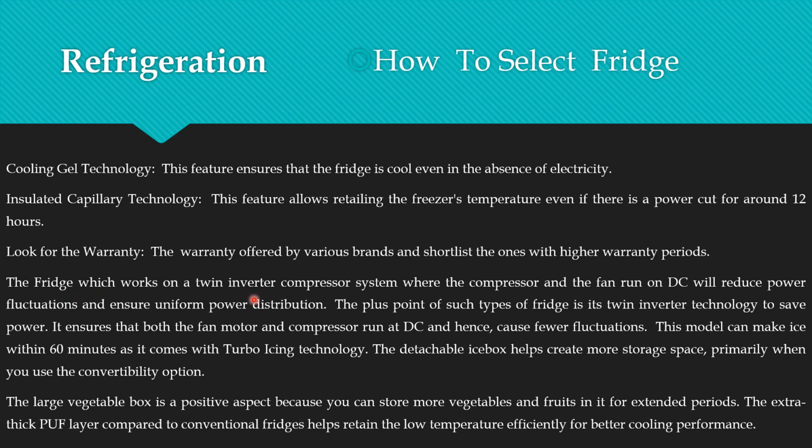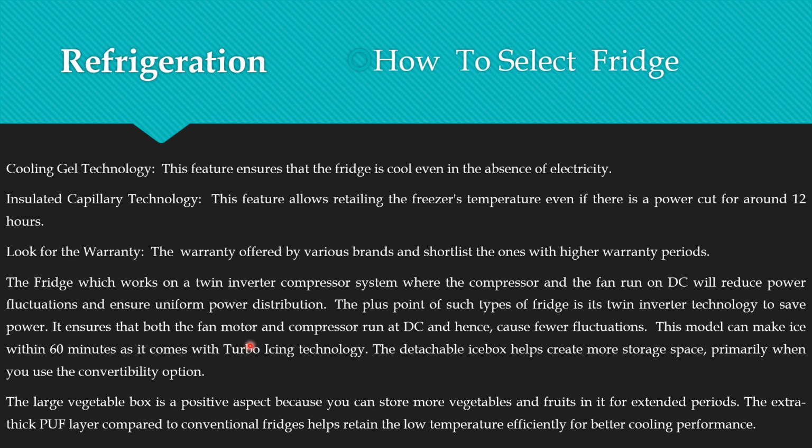Consider the fridge which works on a twin inverter compressor system, where the compressor and the fan run on direct current. That will reduce the power fluctuation and ensure uniform power distribution. The plus point of such a fridge is its twin inverter technology to save power. It ensures both the fan motor and the compressor motor run on DC, hence causing fewer fluctuations.